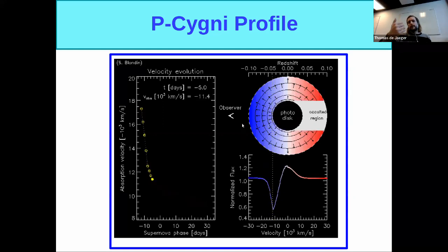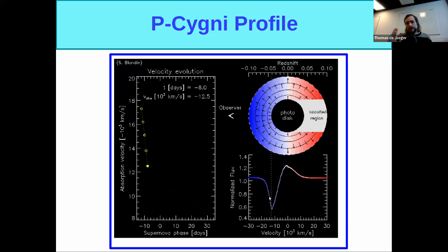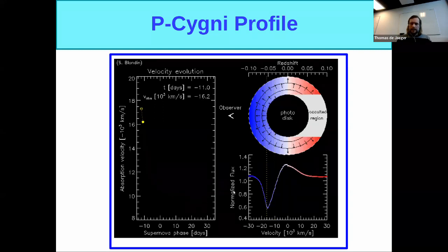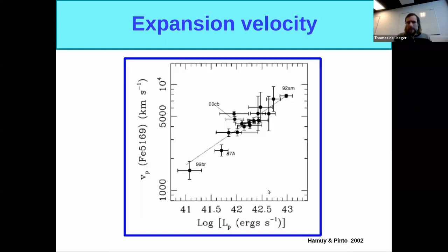Because the photosphere will be moving toward the center of the ejecta, the velocity will start to decrease and the absorption will move to the right. So you can see here how the velocity decreases with time. You can measure the velocity of the ejecta at different epochs by just measuring the absorption of the P Cygni profile. And people have done that.